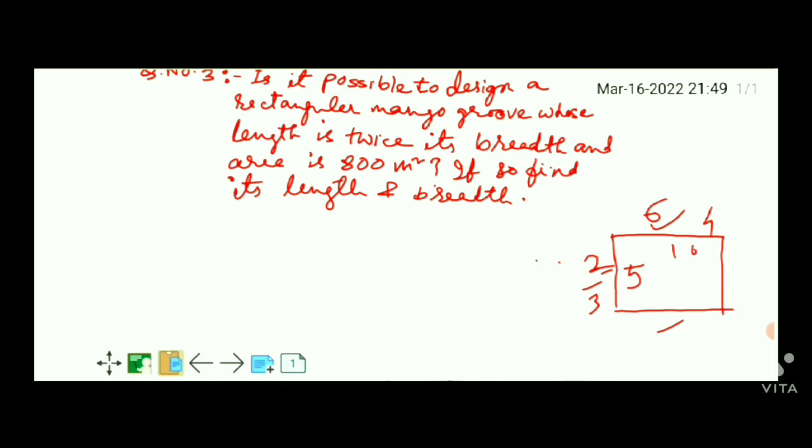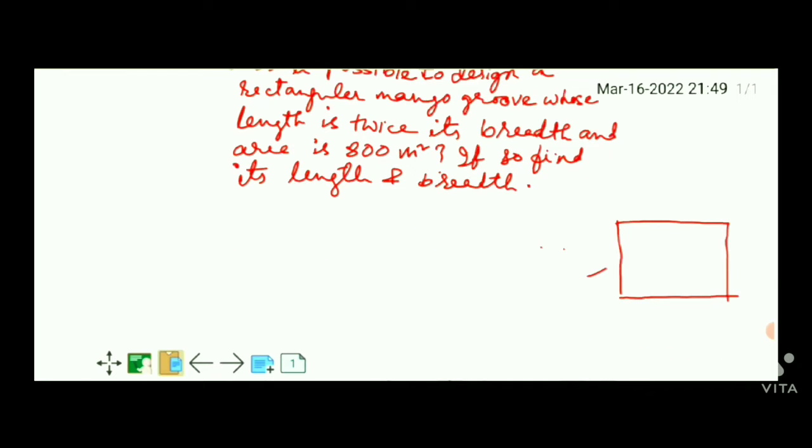And the area is given as 800 square meter. So length is twice the breadth. If breadth is 2 then length is 4. So in that case what we can say, if breadth is x then length will be twice x.